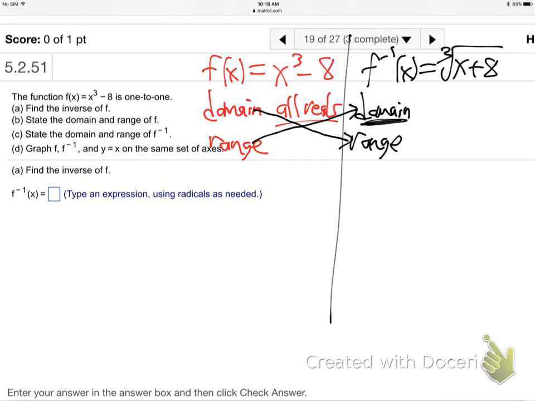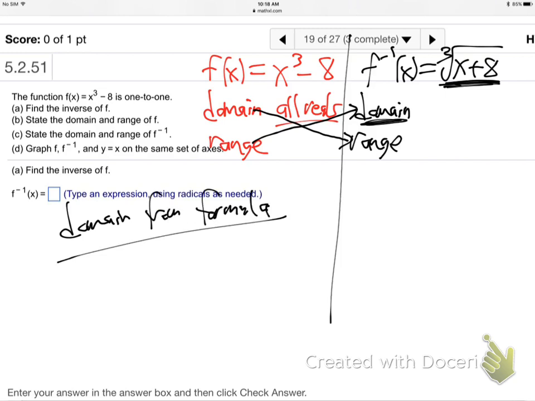Well, can I find the domain of this? Let's look at this right here and find domain. We can always do that straight from the formula. Range, we need a graph. Okay, let me say that clearly. Are you with me? Am I doing the Charlie Brown? Wah, wah, wah. You're hearing these words. Here are the important words. Domain, we can do from a formula.